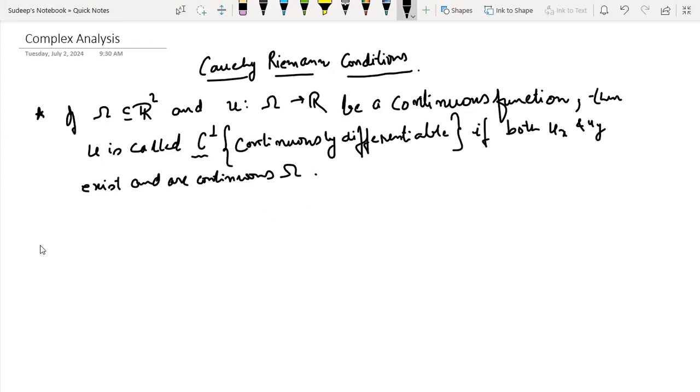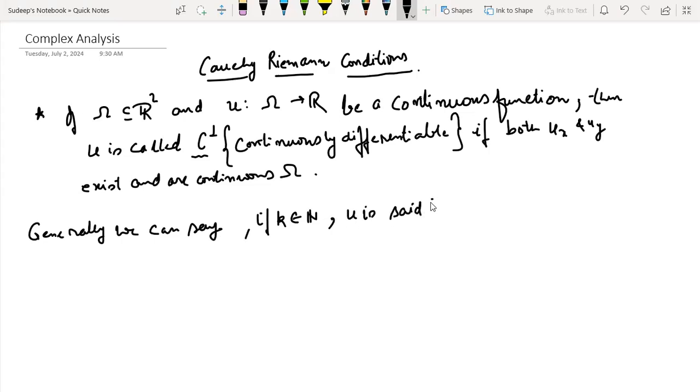Okay, in fact, we can generalize it. Generally, we can say that if k belongs to the natural numbers, u is said to be in class Ck functions over the domain of definition omega.